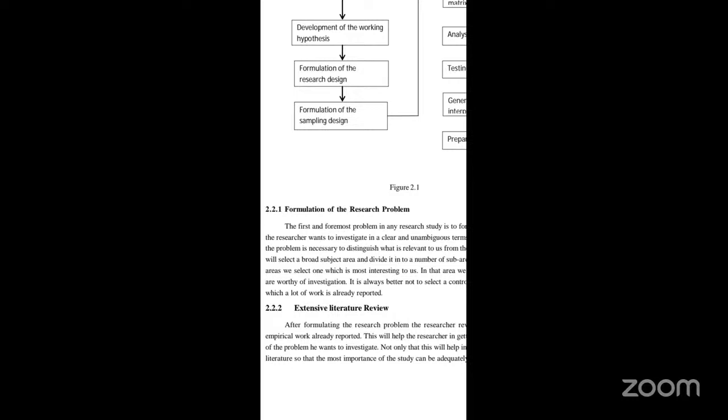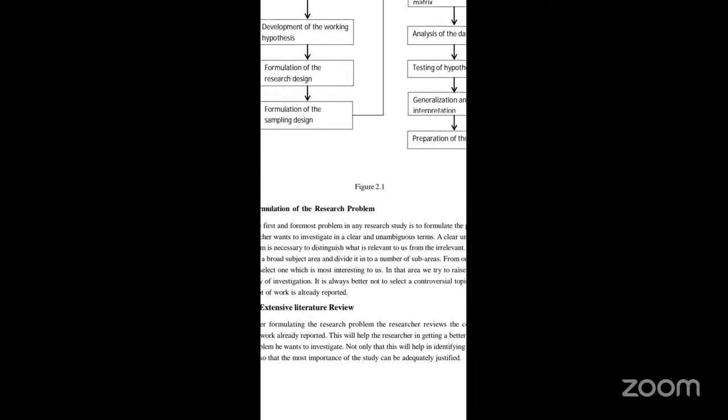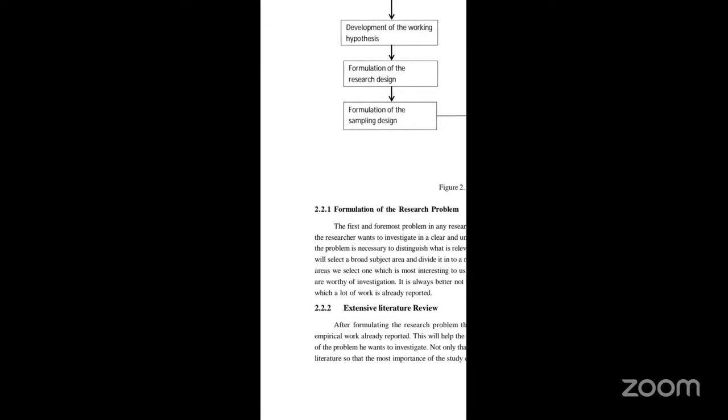It is always better not to select a controversial topic or an area in which a lot of work is already reported. And whatever problem we are choosing should be a new one. If we copy the same work from others, it's of no use. Please keep in mind, the problem should be new.